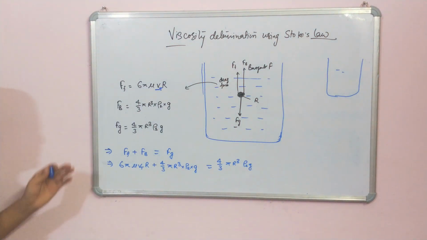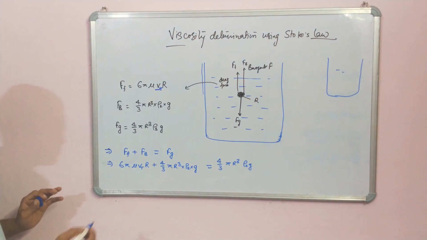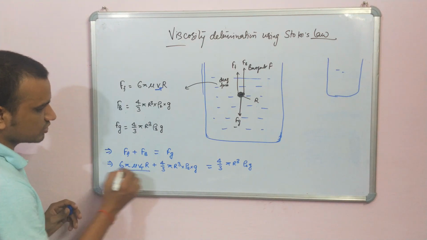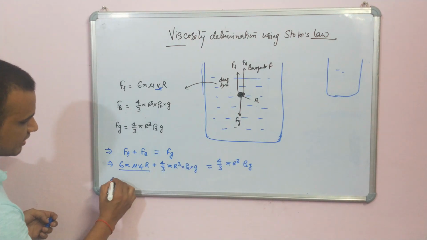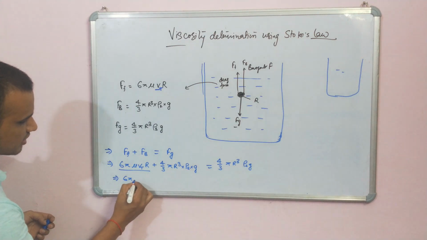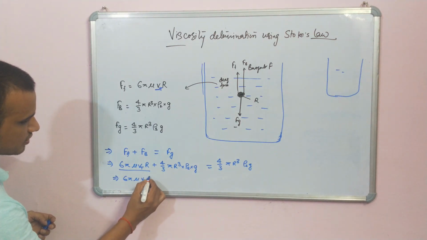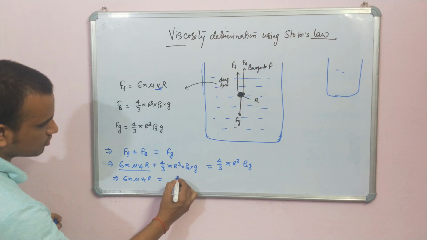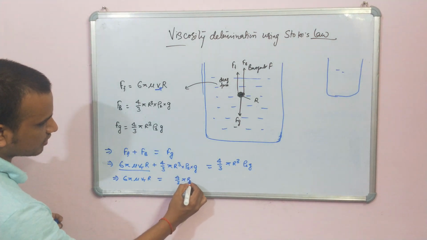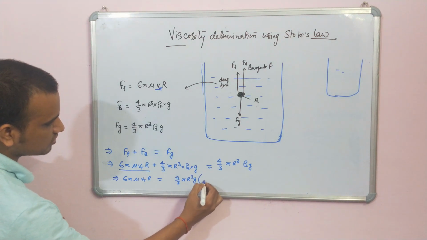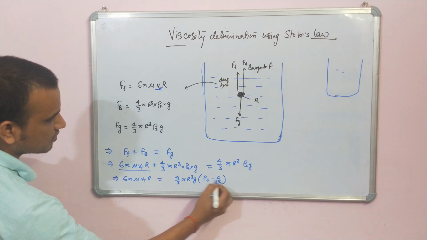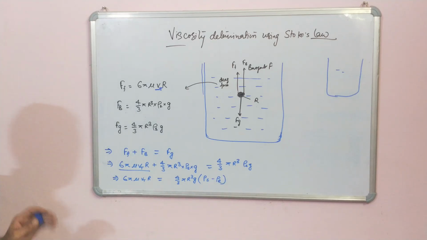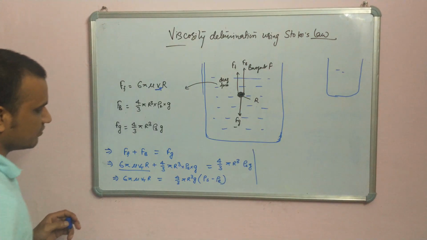This is the expression. Now we have to calculate this viscosity. So we will take this term to the right hand side. We can write it as 6 pi mu Vt R is equal to 4 by 3 pi R cube g (rho S minus rho L). Fine?